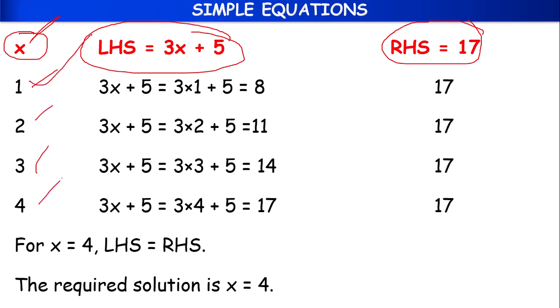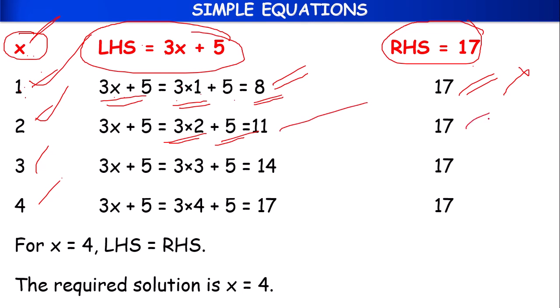Let's start with 1 first. If we keep 1 in the place of x, then LHS equal to 3x plus 5, 3x means 3 into x, which means 3 into 1 plus 5, that is equal to 8. But RHS is 17, they are not equal. If we substitute 2, 3 times 2 is 6 plus 5, 11, RHS 17, not equal, error coming. Let's try another value because we are getting an error.